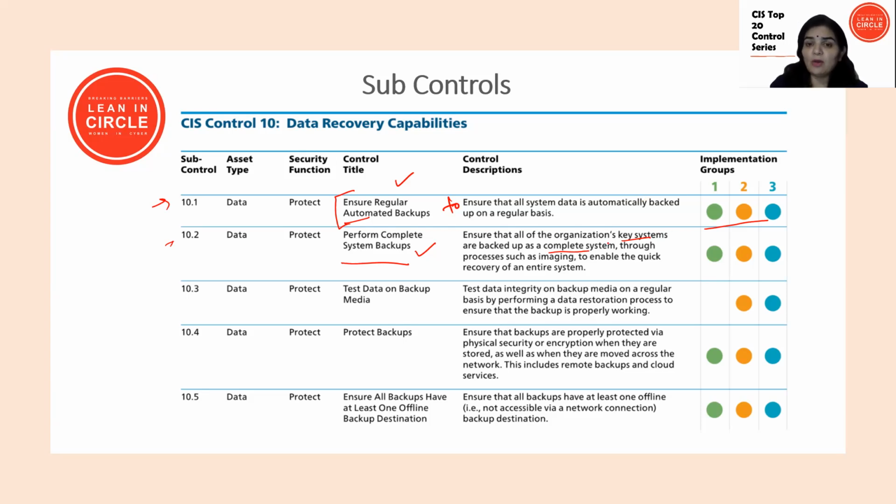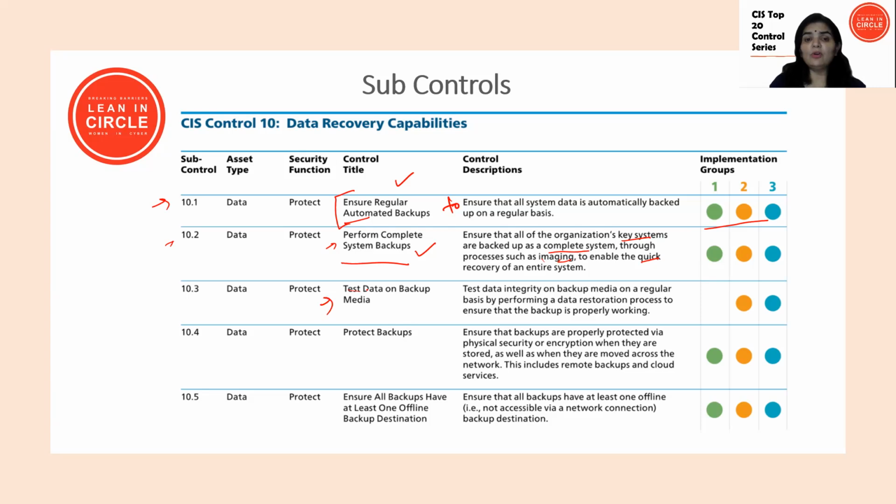So it talks about processes such as imaging to enable quick recovery of an entire system. Once you have a complete system backup, the employees and you as an organization owner have confidence that your business has a continuity plan. I can start my work from the next minute itself because I have a complete system backup, which is the current backup. So this second control talks about this.